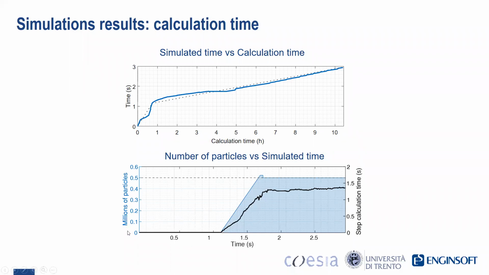At the beginning, we don't have particles, so only RecurDyn works in the co-simulation, and the step calculation time is very low, so very fast. But then we approach approximately 1 second per simulation step.